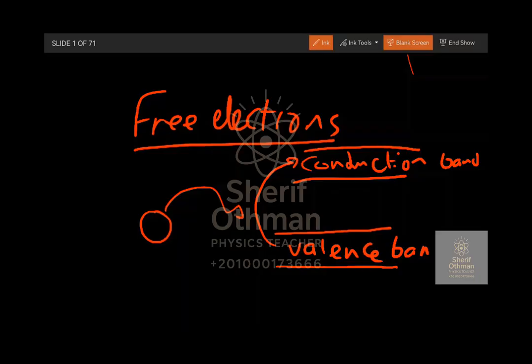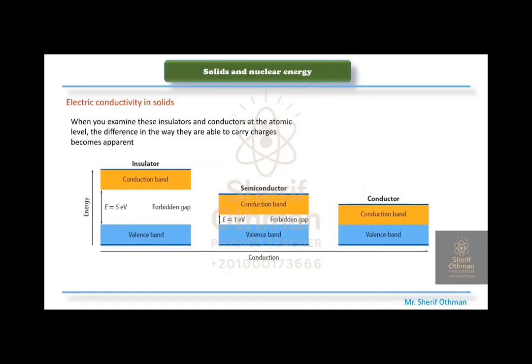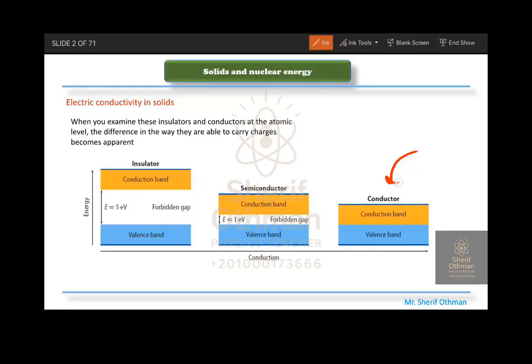So, as we said before, here is the conductor. There is no gap between valence band and conduction band. Here is the insulator. There is a large gap between valence band and conduction band.